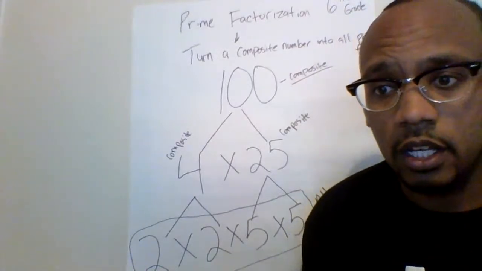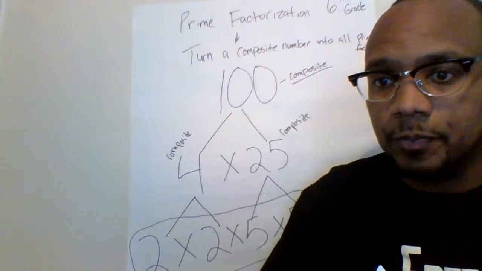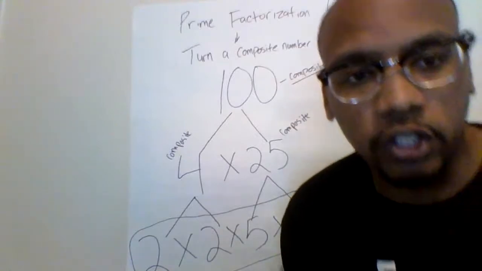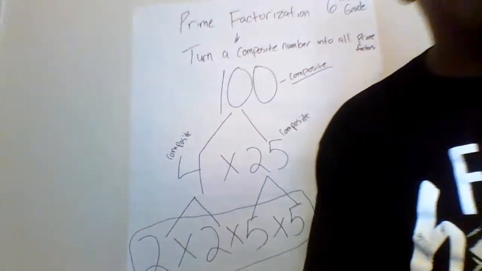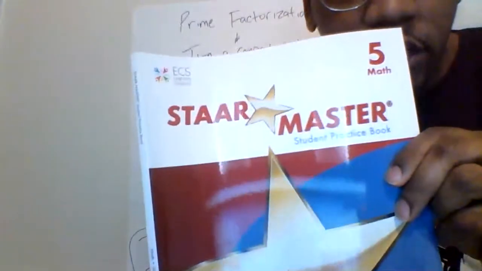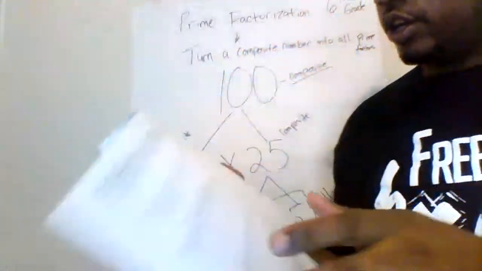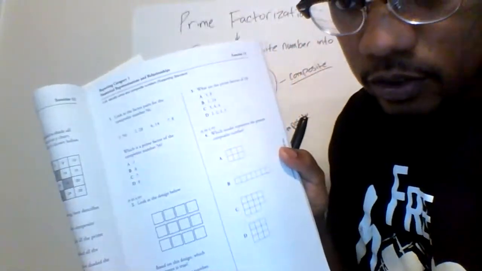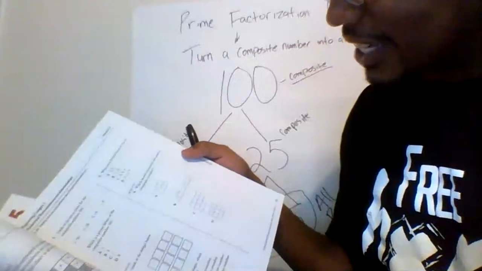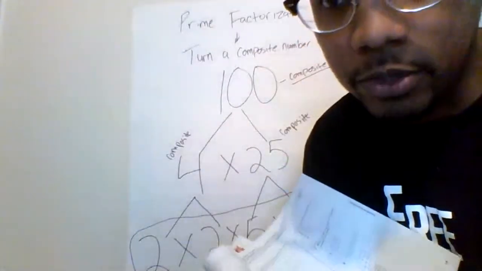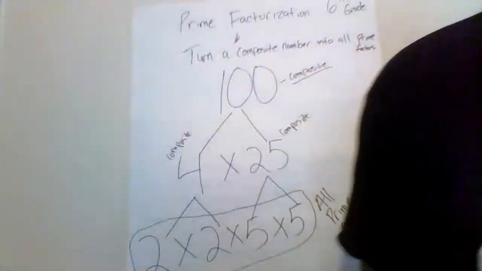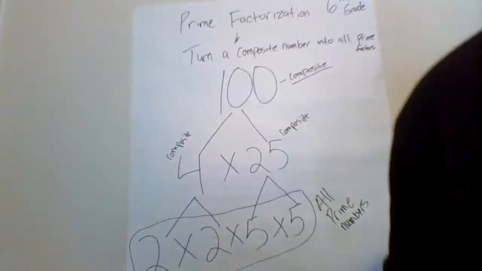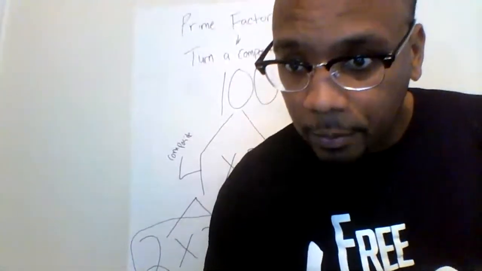All right. For homework, children, in your Star Masters book, your homework is just page 19. All right. Page 19. It only has 4 problems. Okay. I'm going to type it in.